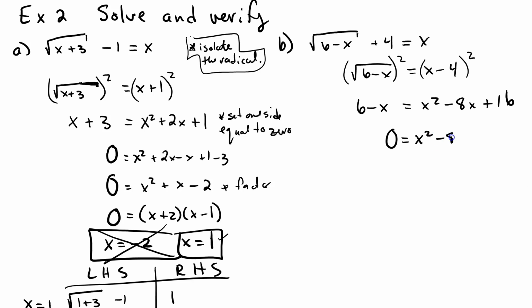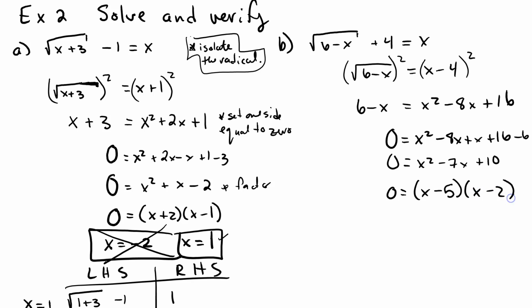I want to say minus 8x plus x plus 16 minus 6. 0 equals x squared minus 7x plus 10. So two numbers that multiply out to 10 and add up to negative 7. I think we know that. x minus 5, x minus 2. So that means I have two solutions. I have x equals 5, and I have x equals 2.